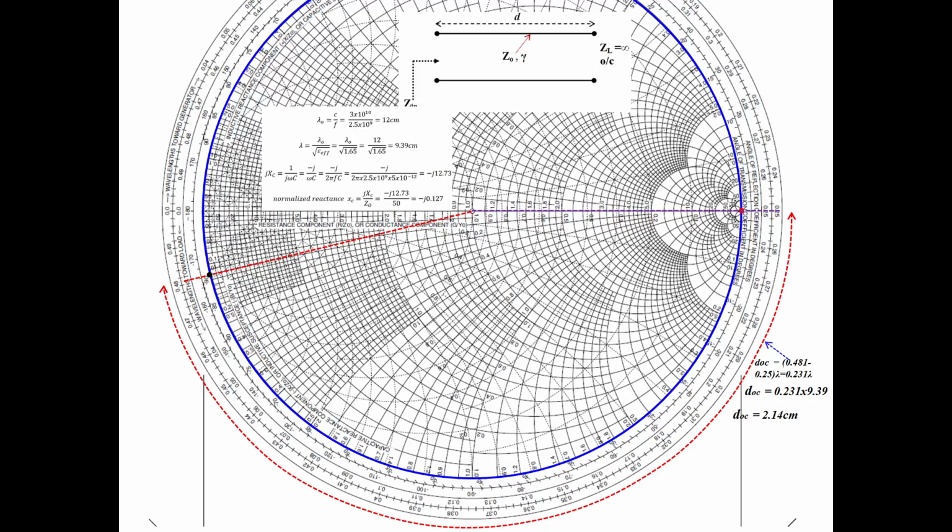It is the converse approach to the previous problem, finding the input impedance at a particular distance of 0.1 lambda, which I gave in the quiz. There, from the load we moved 0.1 lambda and found the impedance. But this is the converse: the impedance is known, and to get this impedance, what is the length of the line? That's all.